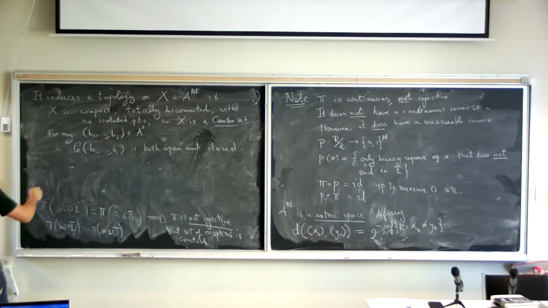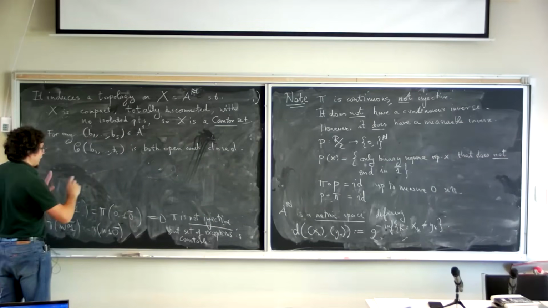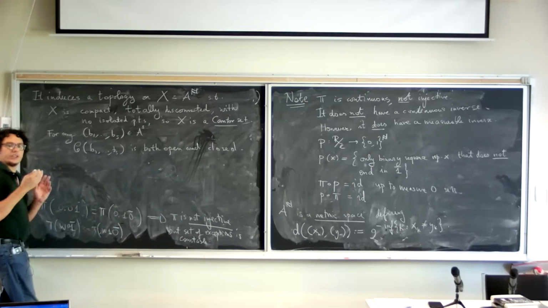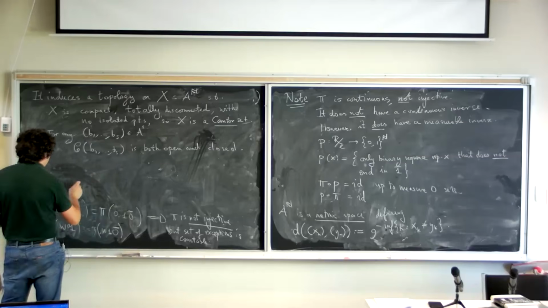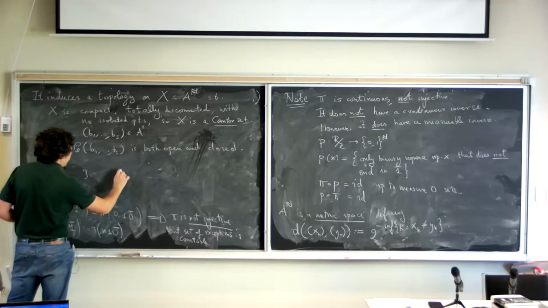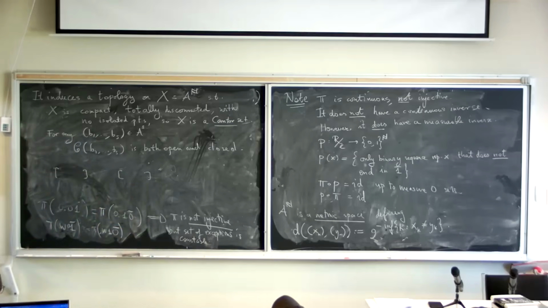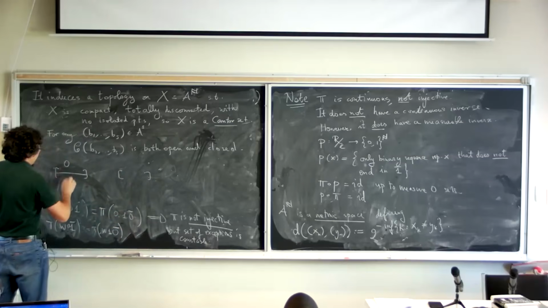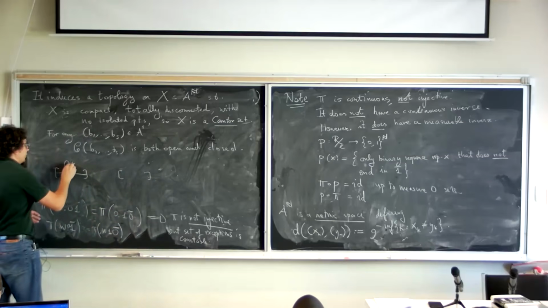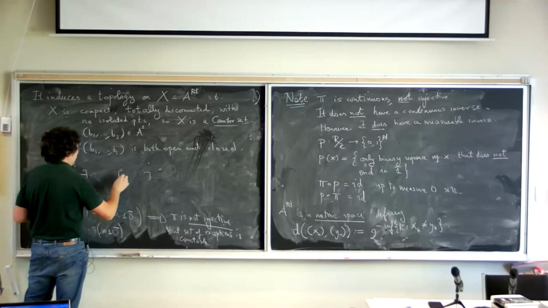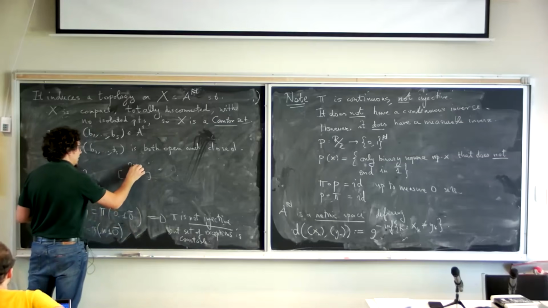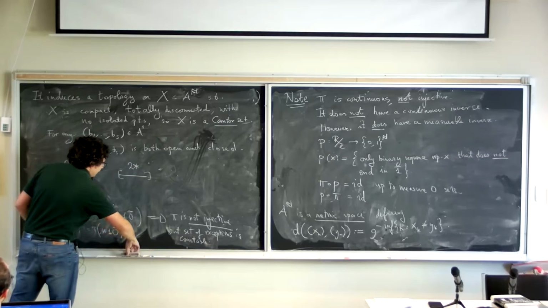The picture is really like a classical Cantor set. If you look at the ternary Cantor set, the digits in base 3 are either 0 or 2. If we specify 0 at the beginning, we get the first interval, and if you specify 2 at the beginning, you get the second interval.